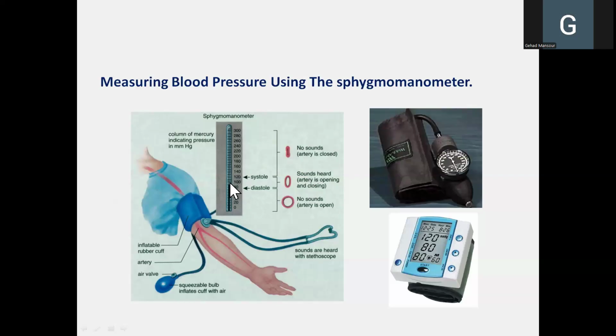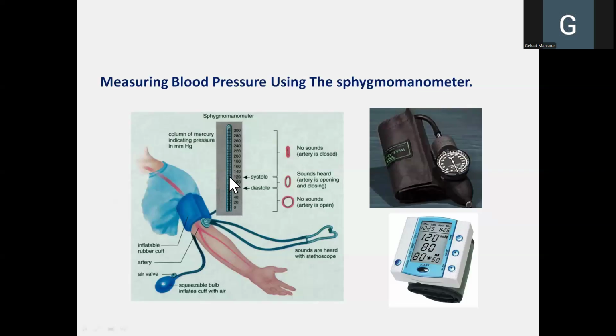Why above 80 do we start hearing the heart sounds? Because the artery is partly occluded. It's not fully open. At the beginning, it was fully open. The flow was smooth. We don't hear any sound. As we raise the pressure above 80, for example, at 100, I start hearing sounds.